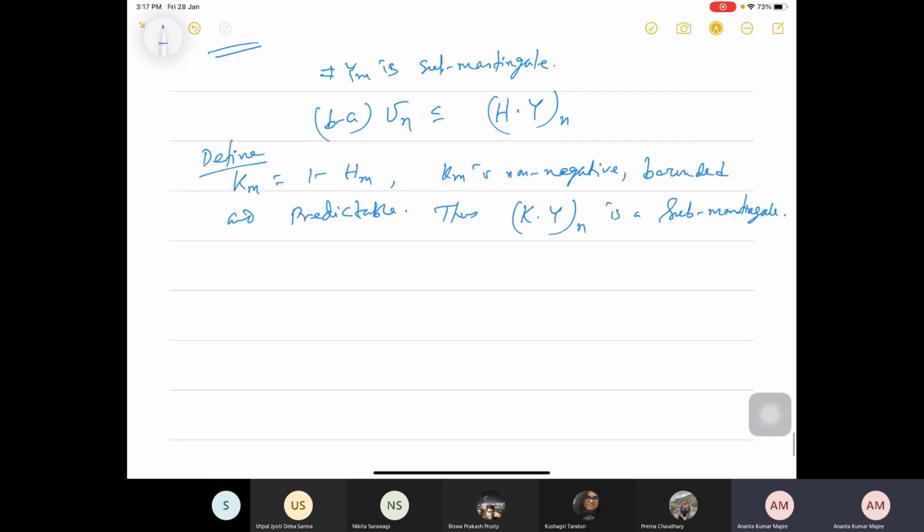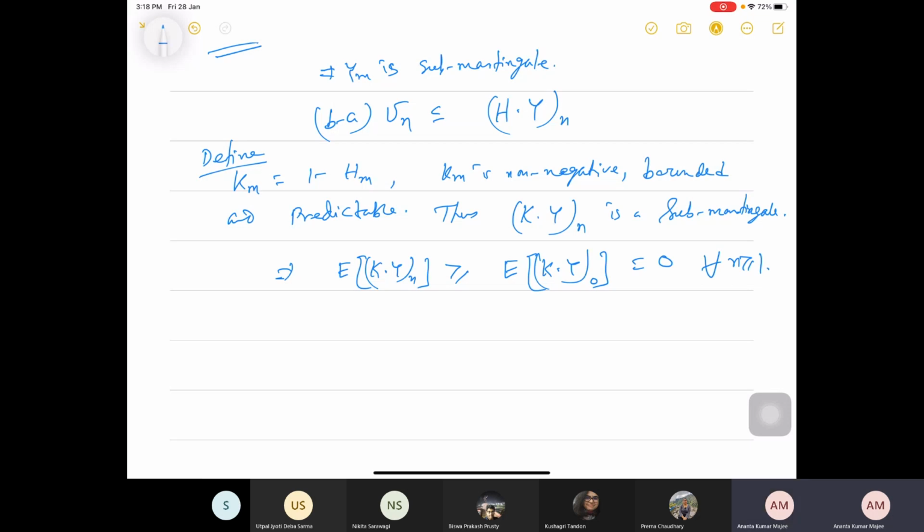Since this is a submartingale, this implies that the expectation of (K·Y)_n is always greater than or equal to the expectation of (K·Y)_0, and by definition this is 0. So the expectation of (K·Y)_n is greater than or equal to 0 for all n greater than or equal to 1.